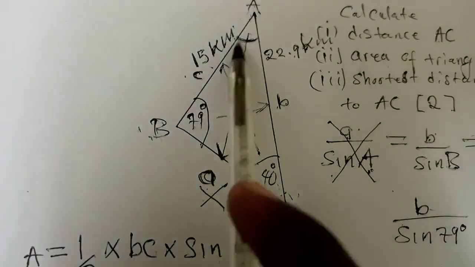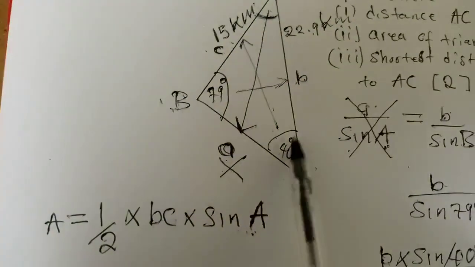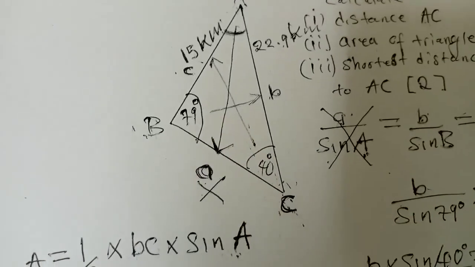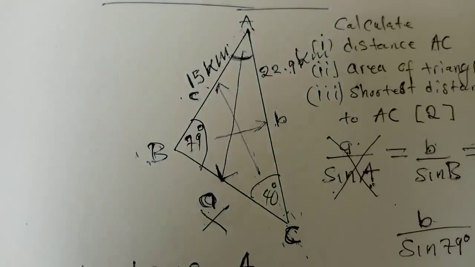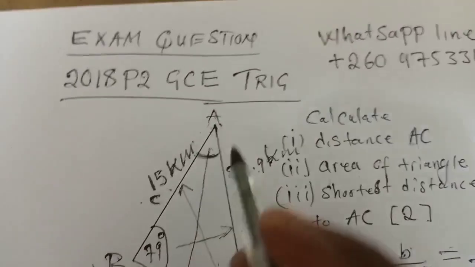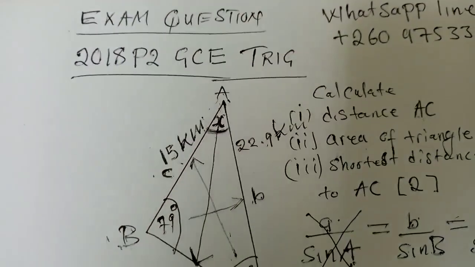We can find this angle because you know that angles inside a triangle add up to 180. All right, so let's say this is our angle x.